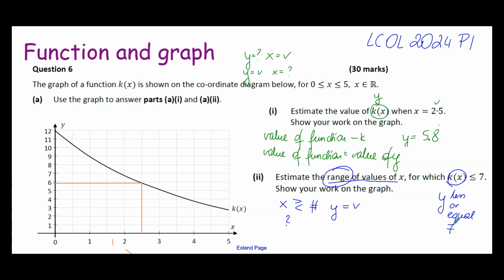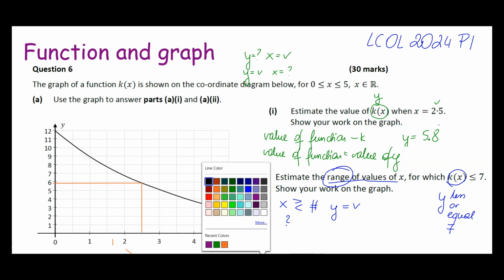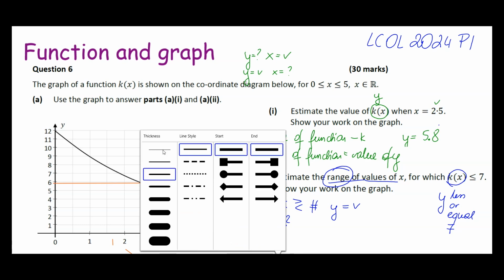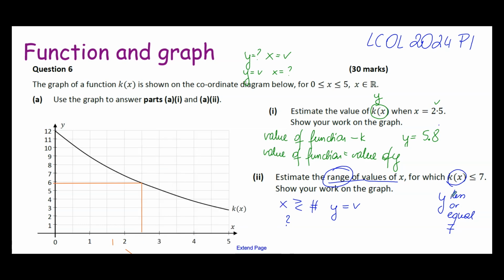So again, we go into our graph to see. Let's get a line again. Now let's get a different color. We are looking for y where y is 7. So here y is 7, but we are looking for values less than 7. All these values here will have a higher value of y. If I look at this point, the value of y will be 9.